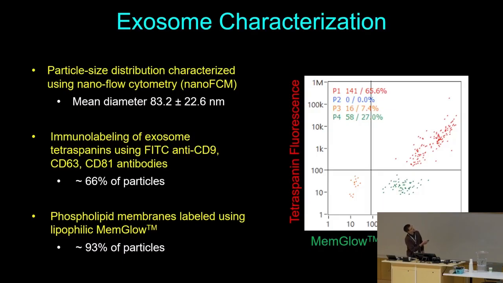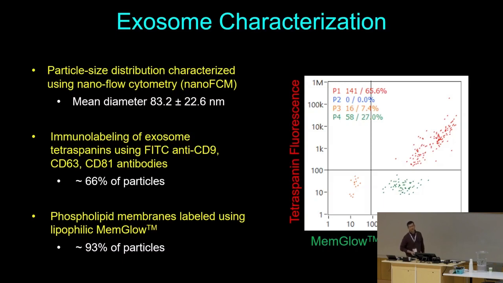And this red quadrant up here is what we want to see for exosomes. This linear trend shows that as vesicle size increases, so does tetraspanin fluorescence, as there's more tetraspanin proteins on that membrane. And this bottom quadrant here is just MemGlow labeled vesicles without any tetraspanins.